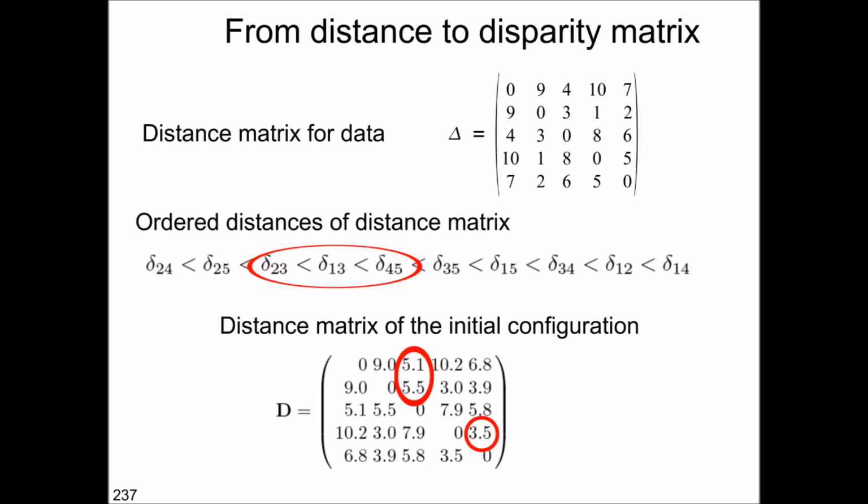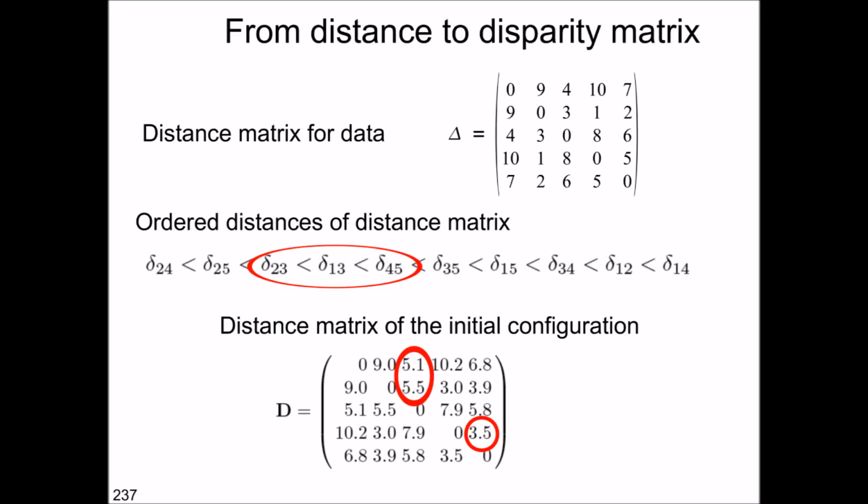Now we calculate the distance matrix for the initial configuration, and when we look at this distance matrix, we see that still the condition for the ordered distances, that 2 and 4 have the lowest distance, is met, because the distance is 3, that's the lowest in the overall matrix.